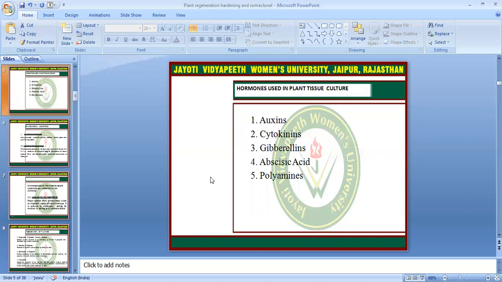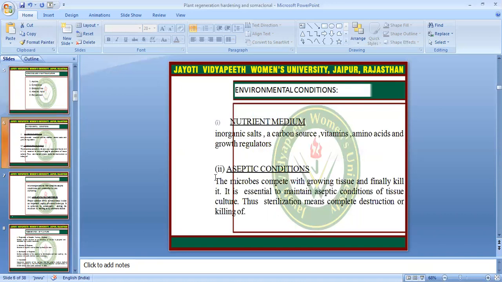Hormones used in plant tissue culture are auxin, cytokinins, gibberellin, abscisic acid and polyamines. If we talk about environmental conditions, in the nutrient media, inorganic salts, carbon sources, vitamins, amino acids and growth regulators need to be added, and aseptic conditions are required.